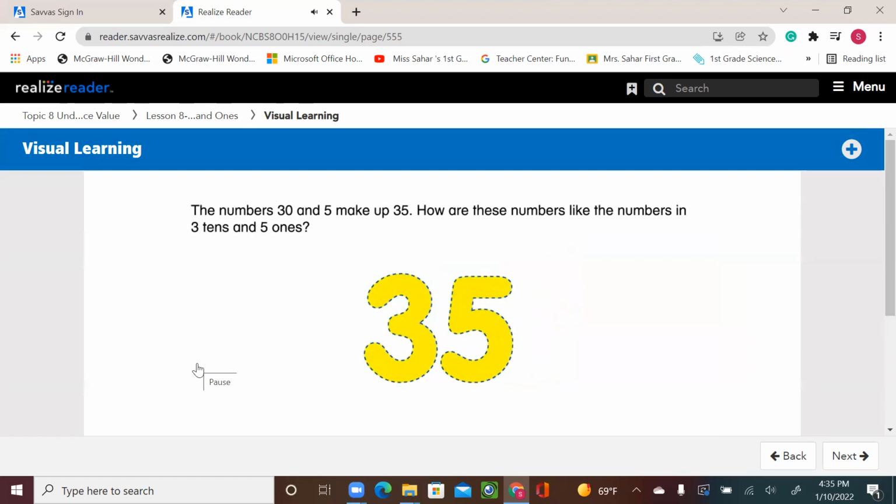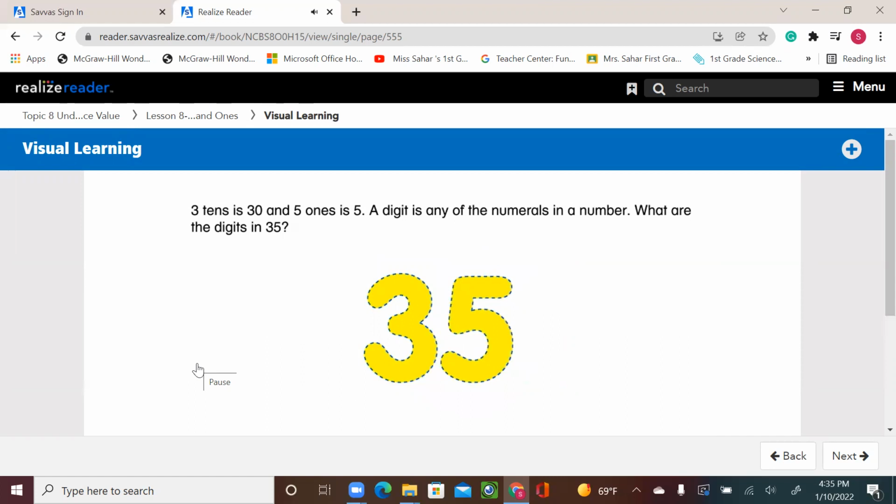The numbers 30 and 5 make up 35. How are these numbers like the numbers in 3 tens and 5 ones? 3 tens is 30 and 5 ones is 5.